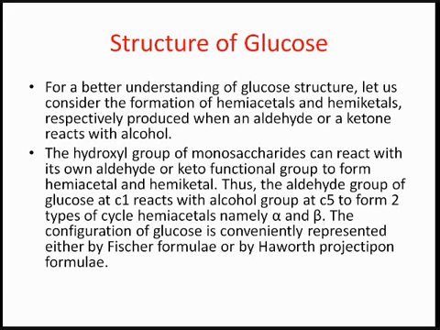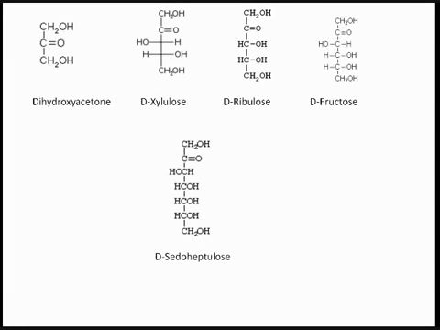So here if you see the alpha D-glucose and beta D-glucose, they differ from each other at C1. And the process of interconversion is known as mutarotation, and the two forms differing at C1, which are undergoing optical activity change, alpha D-glucose and beta D-glucose, are known as epimers to each other.